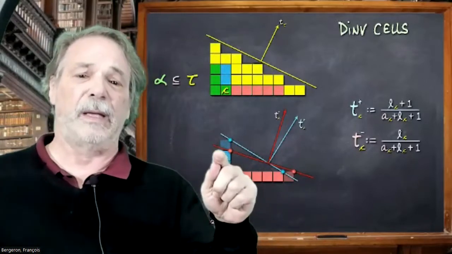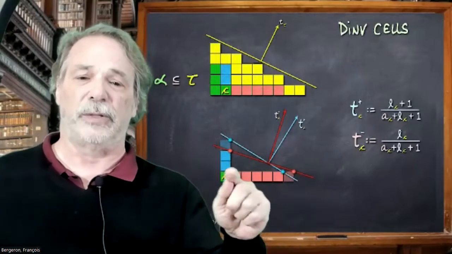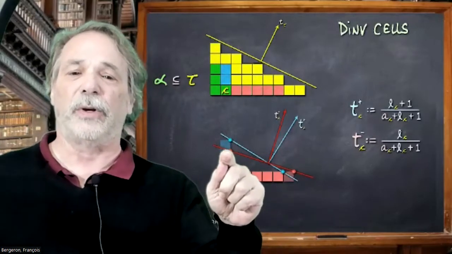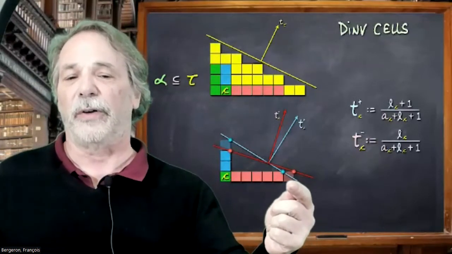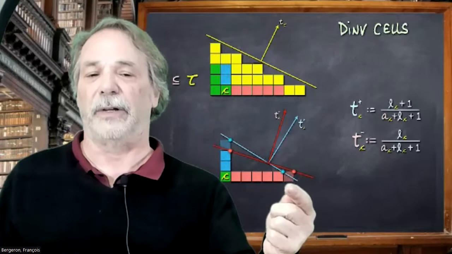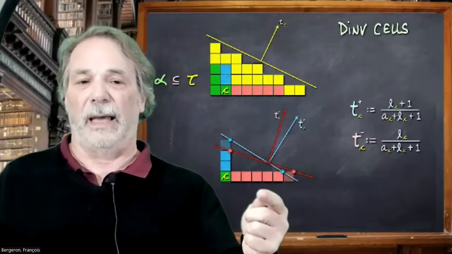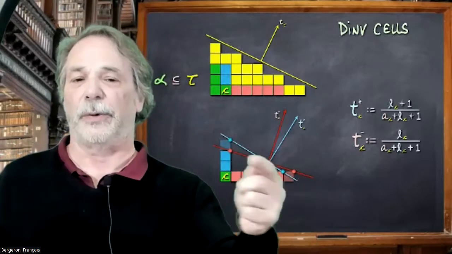The red approximation is obtained by taking the corner of this blue and the corner of the next cell to the right of the arm. And so this is the red.